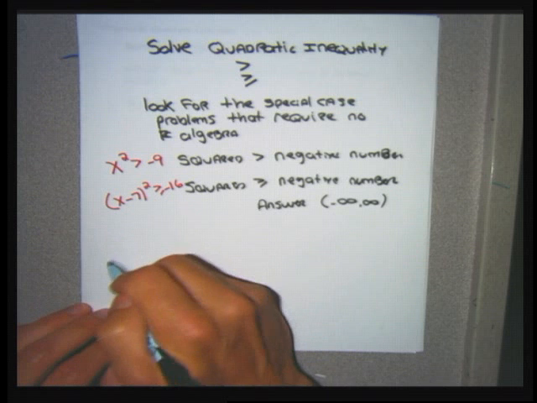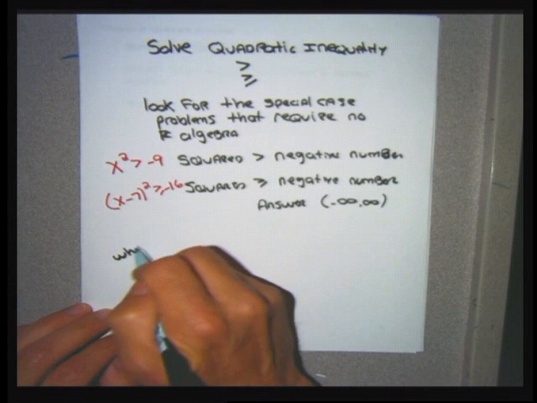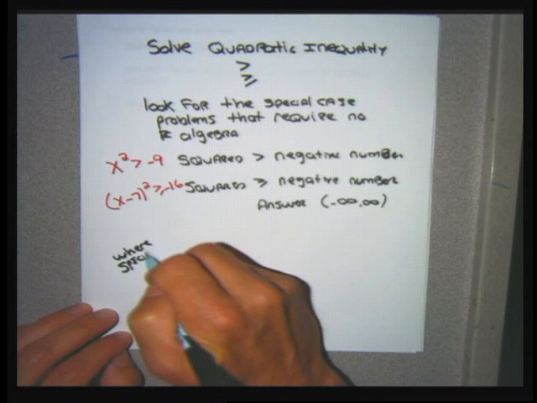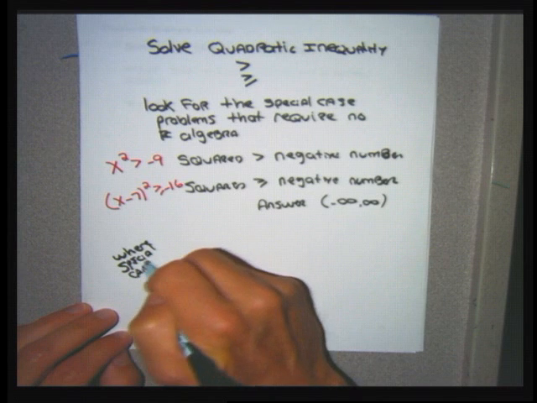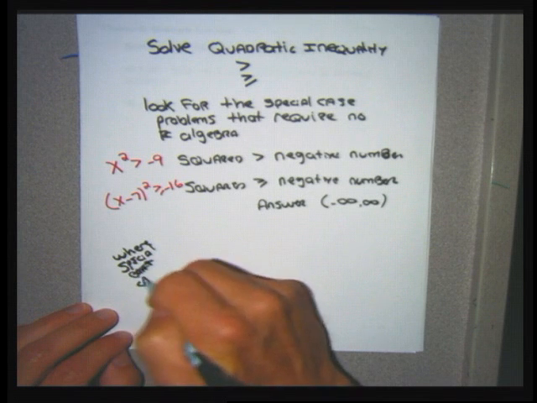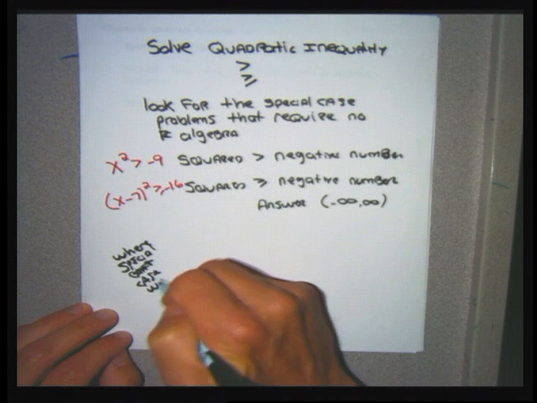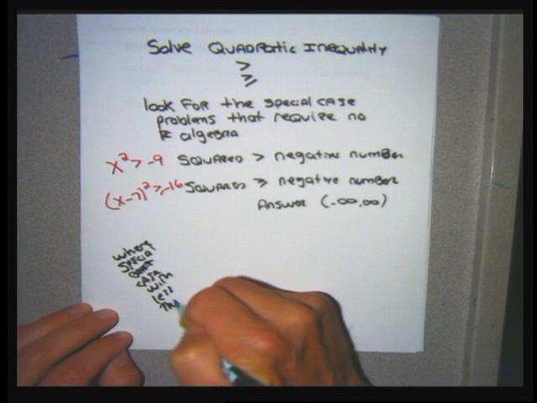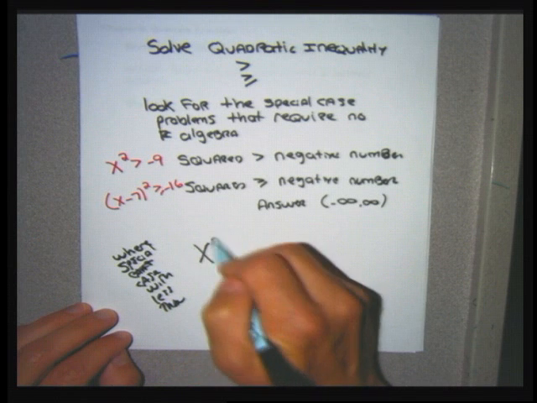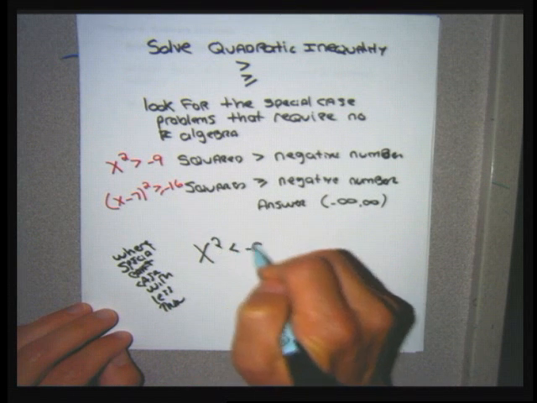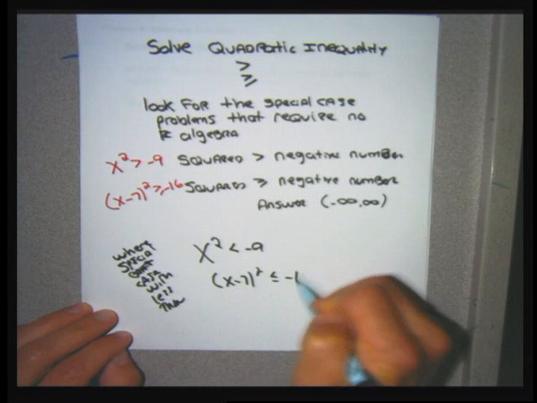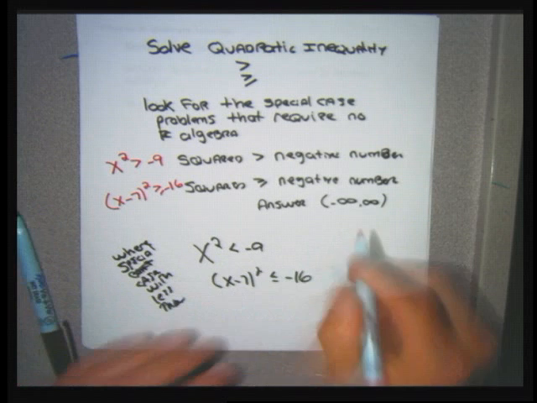Whereas the special case with the less than, that we did in the first half of this, like x squared less than negative 9, or x minus 7 squared less than or equal to negative 16, these had no solution.